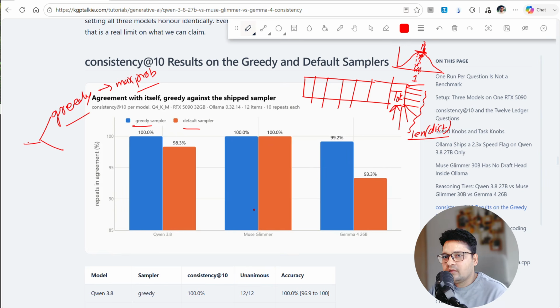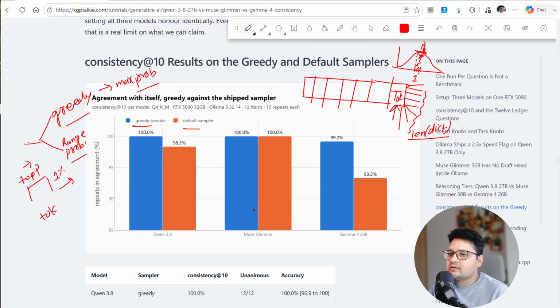But the other one works on a range of probability, as I explained earlier. Generally, we call that range top P or top K. When I say top P, let's say we select the top 1% of the most probable tokens and then randomly select one token.